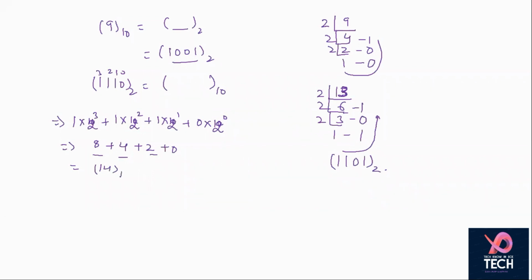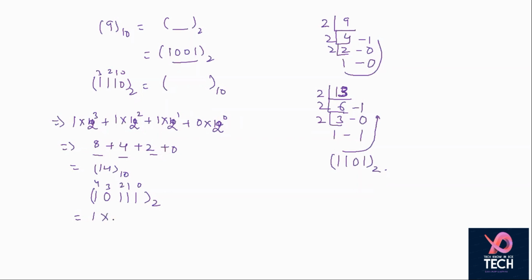So in binary, it can be written like this. Let's have one more exercise, and I want you to do that. This is 10111 in binary. How many digits are there? Positions 0, 1, 2, 3, 4.